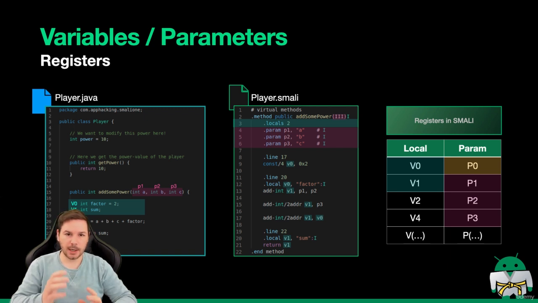So if we initialize a register at the beginning, like here we initialize v0 with 2, it doesn't mean that this register is still holding the value 2 at the end of this function. It might get reused, it might be overwritten, or some arithmetic operation might change this value. Alrighty. In the next section we take a look at the data types, and then we can understand half of the program already. Okay, I'm looking forward to seeing you in the next section.